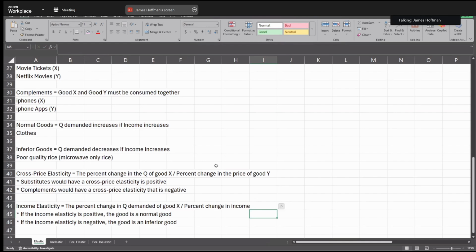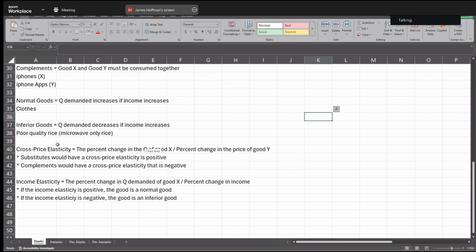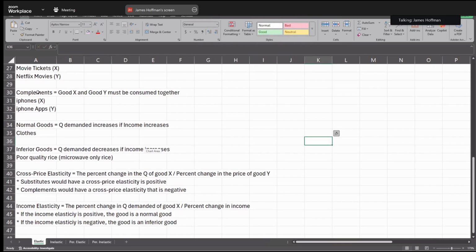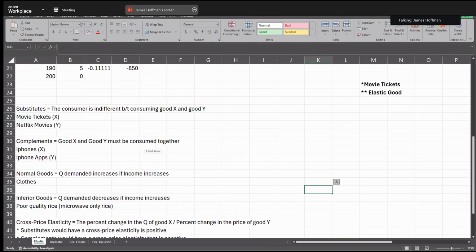Okay, so we need to illustrate, I guess, graphically what an increase or decrease in demand would look like. Because thus far we've just gone up and down the demand curve and the elasticities. I guess complements and substitutes are kind of the same scenario, because we're looking at how the price of good Y affects good X in different ways.